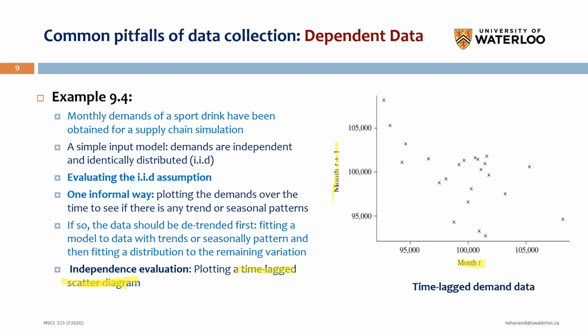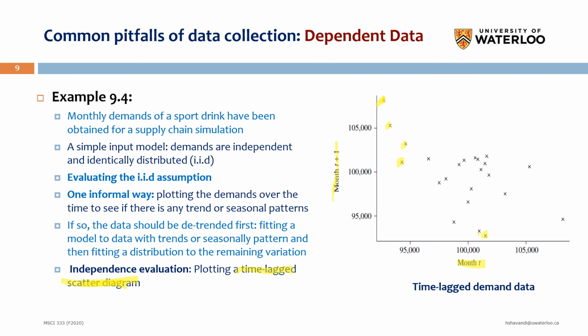So for example, in this time lagged scatter diagram, you see that if we have a low demand in month T, then it will be followed by a high demand in the next month, right? Or if we have a high demand in month T, it will be followed by a low demand in month T plus 1.